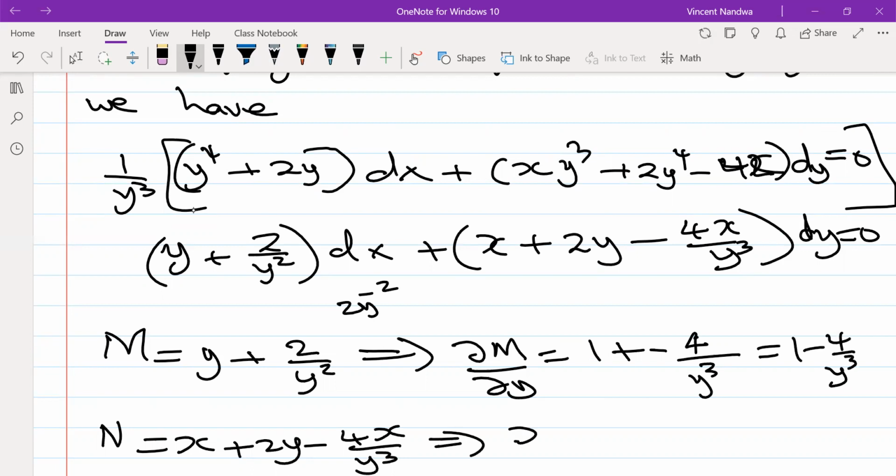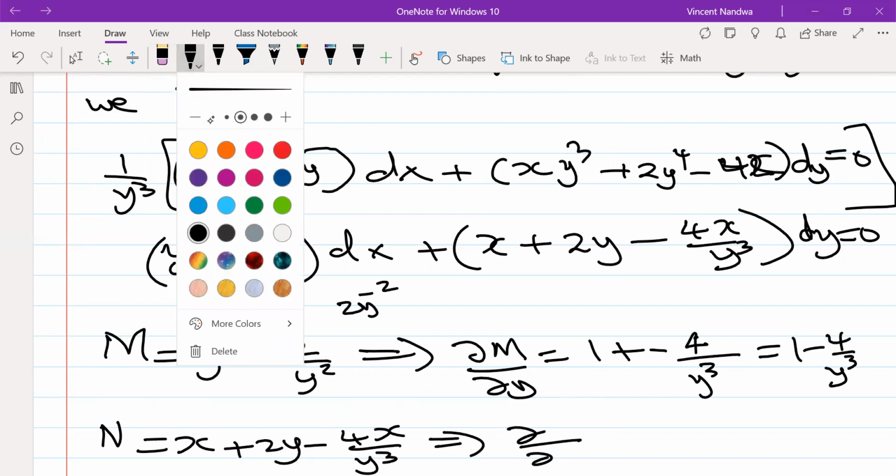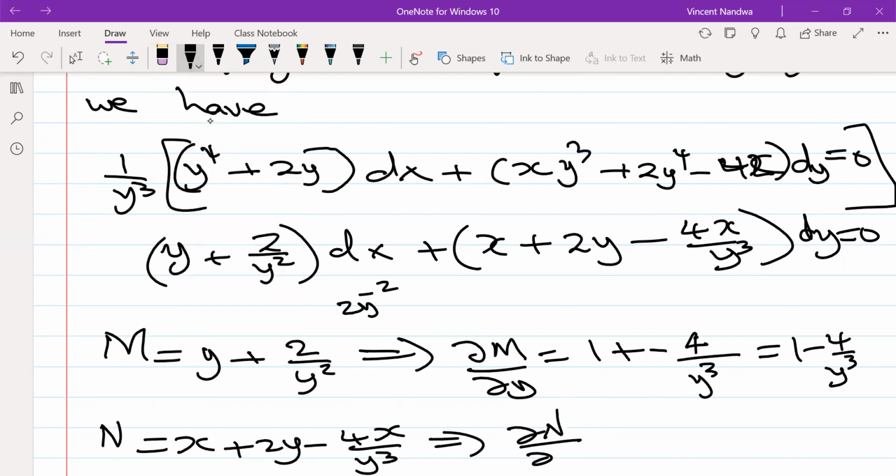And partial N partial x is 1; the other term doesn't have an x, so it gives minus 4 over y to the power 3.